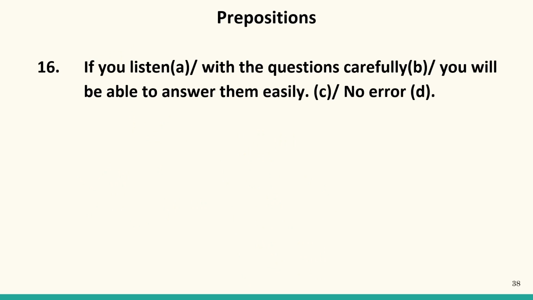If you listen with the questions carefully, you will be able to answer them easily. Now, remember one thing, that listen is always followed by to. The verb listen is always followed by preposition to.